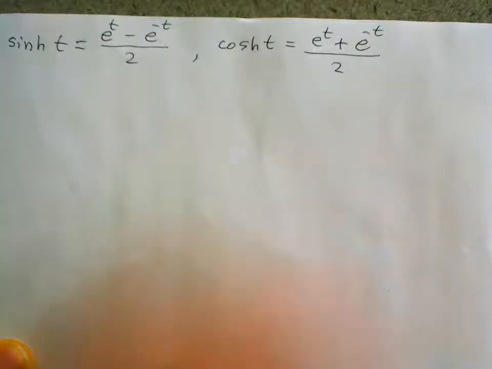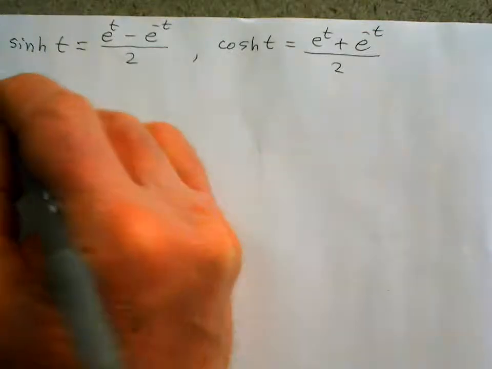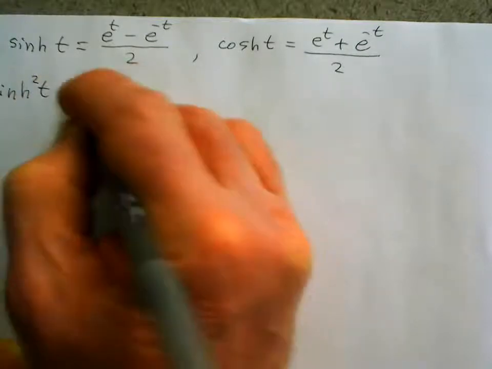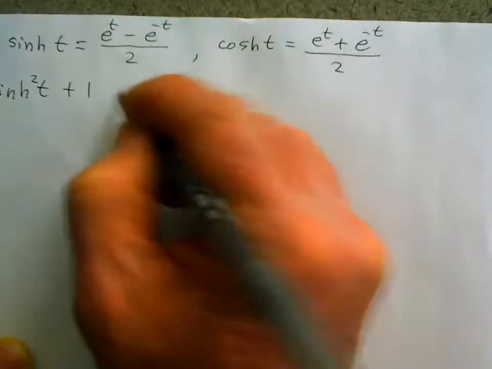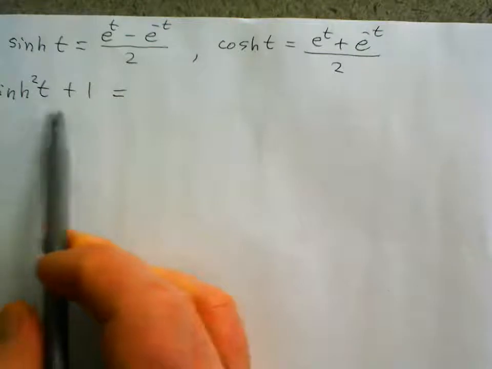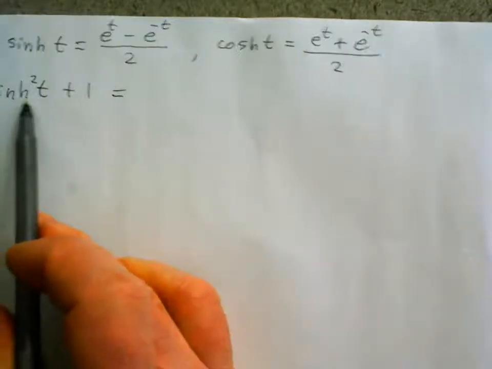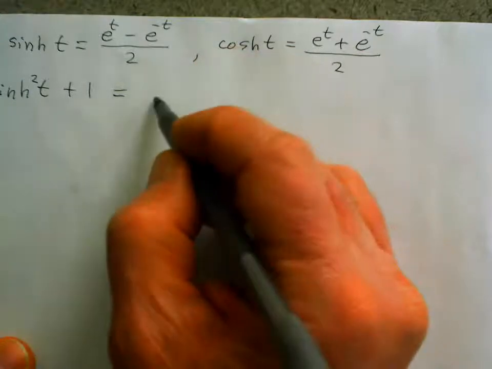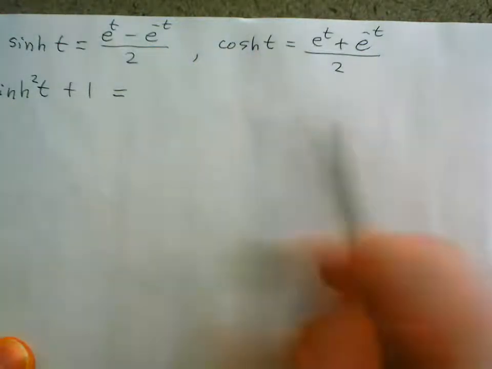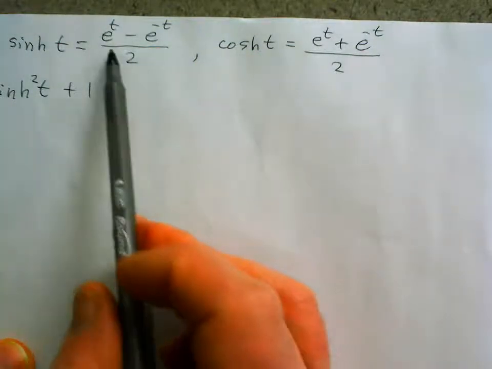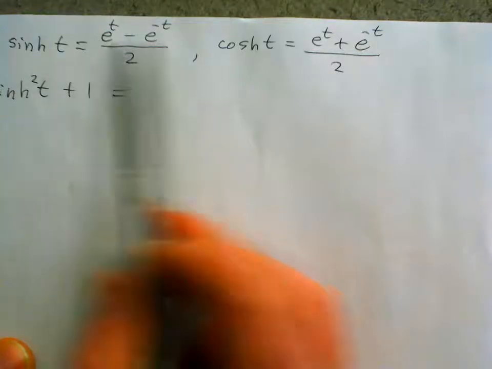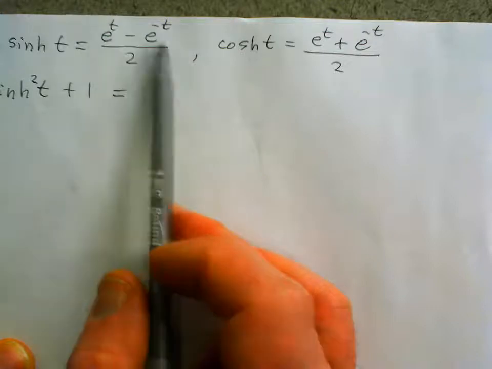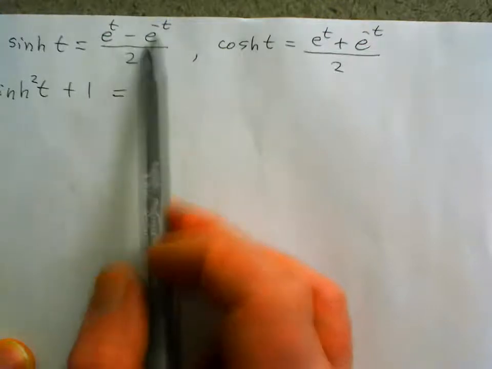So on the other page, we were looking at hyperbolic sine of t squared plus 1. So let's go ahead and square hyperbolic sine of t, and then afterwards add 1. So we don't have to write everything down. So in the numerator, we're going to square this quantity, e to the t minus e to the negative t.